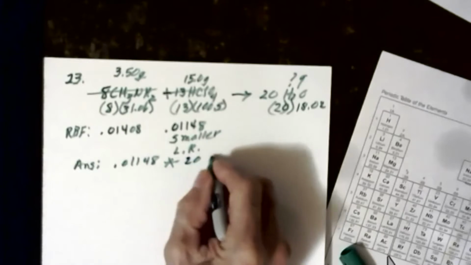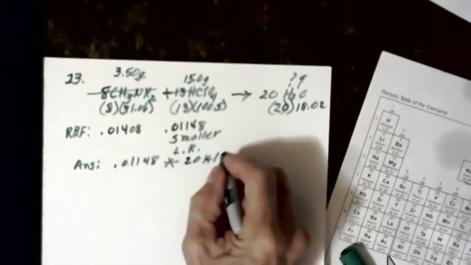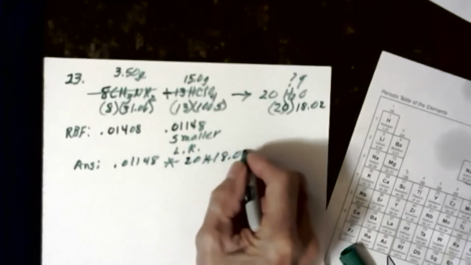So if I want to get the answer, that's going to be the rebalancing factor here, 0.01148, multiplied by what we've got under my question mark, the number of grams of water, which is 20 times 18.02.